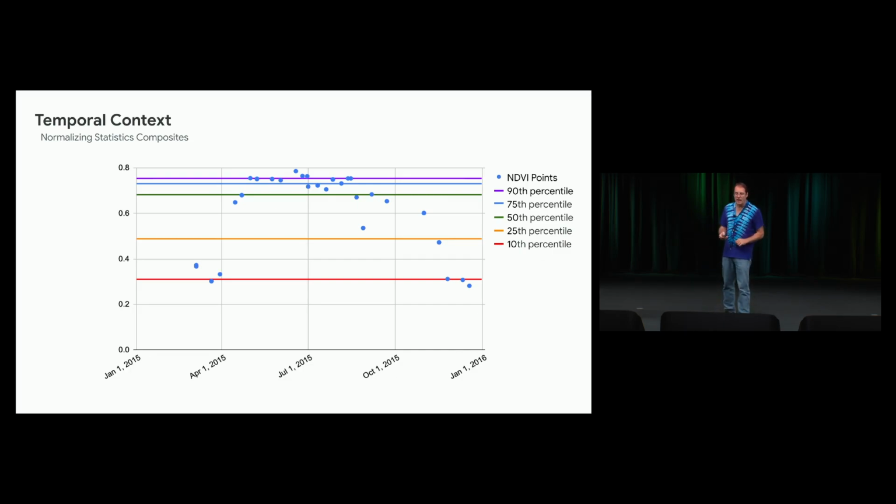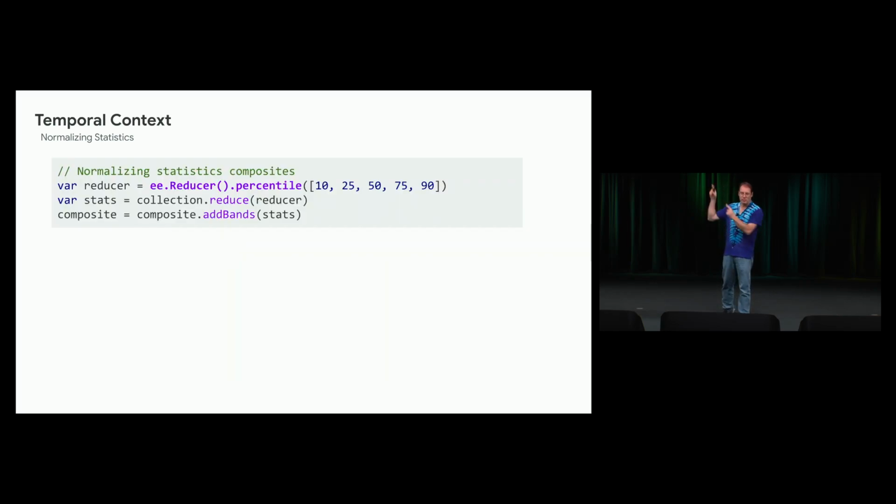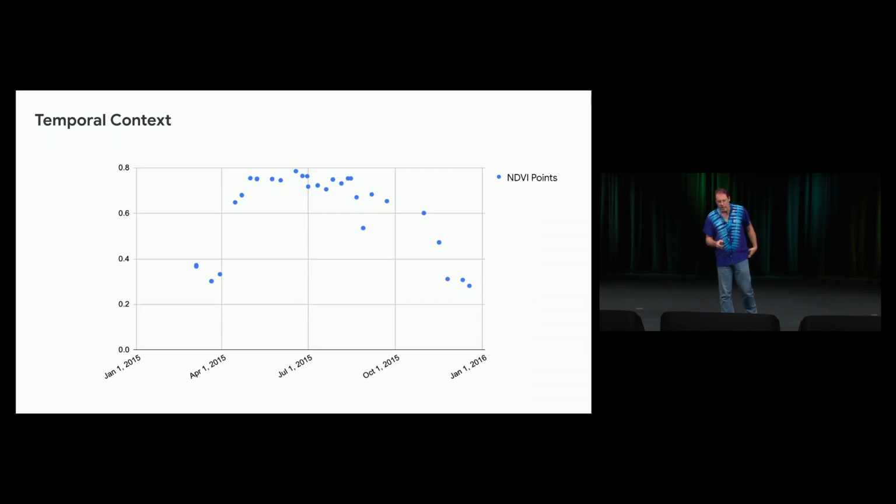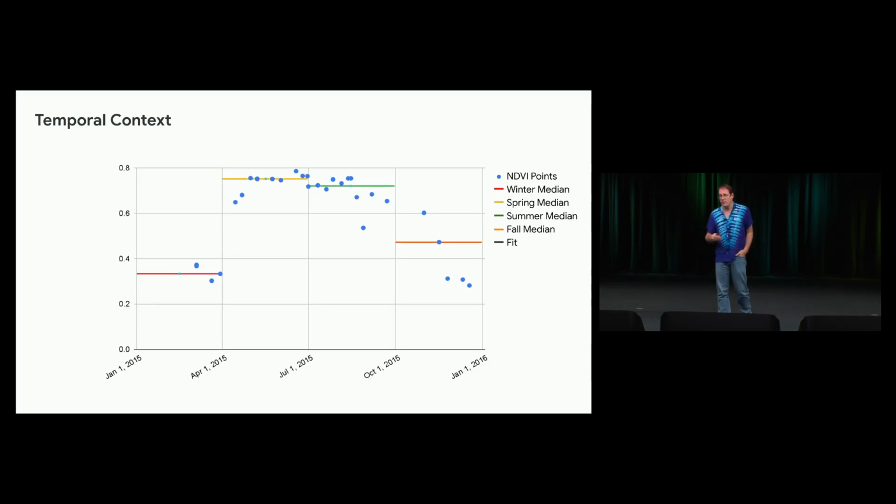For something like that, here's how you compute the percentiles. It's quite simple. But a thing you can do instead of doing a number for the whole year is to break the year up into seasons, for instance, or even months, and then do some statistical aggregation over that time period. So here's 4 seasons, each one 3 months long.